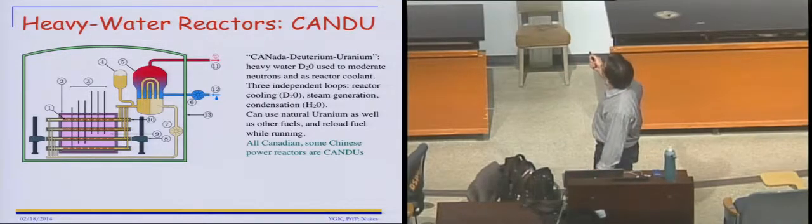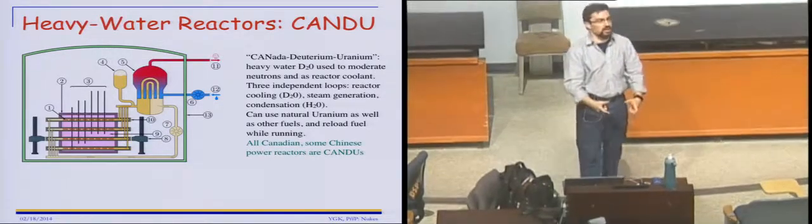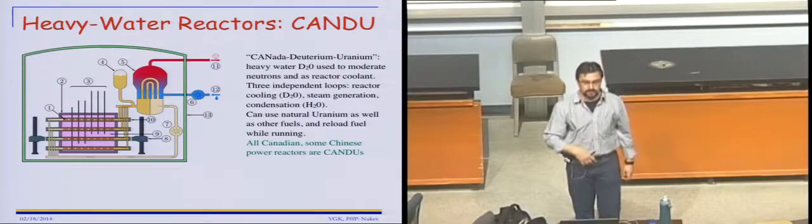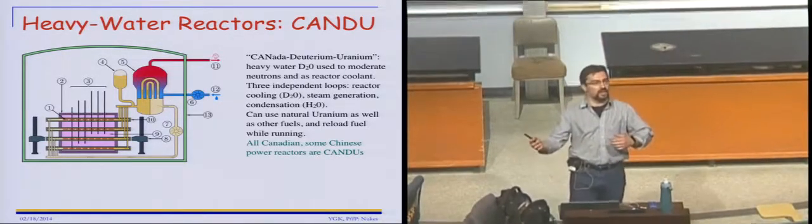The design allows you to refuel the reactor, to pull fuel rods in and out of the reactor core while the reactor is still running. So it's convenient. It increases the lifetime of the reactor.